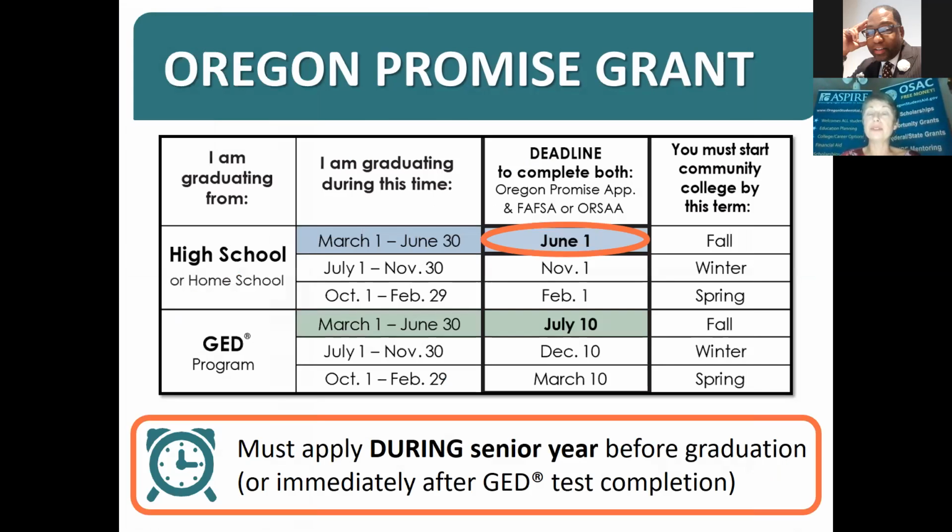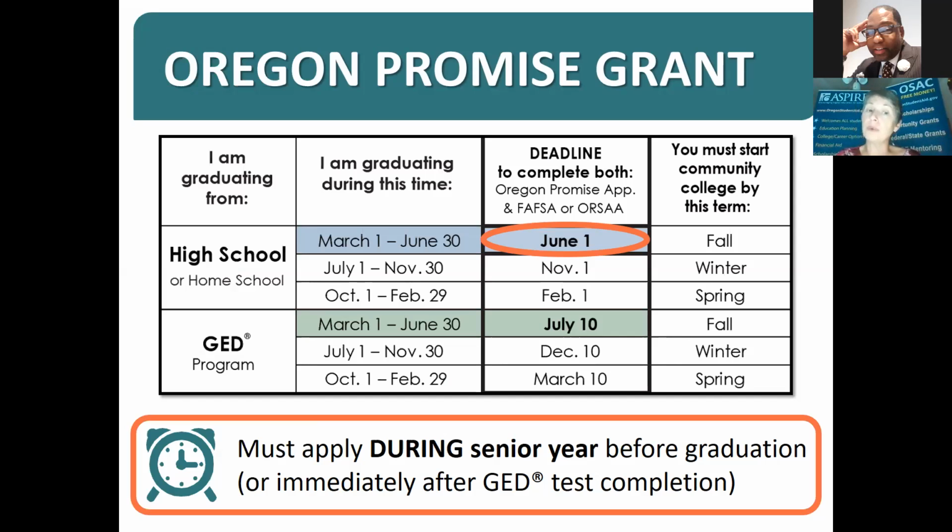So here's the chart of deadlines and dates. Most of you will probably be high school seniors next spring, so you'll graduate between March 1st and June 30th. Your deadline to have everything done isn't until June. Easy peasy. The most important thing though is you must go to college within the fall, within 6 months.